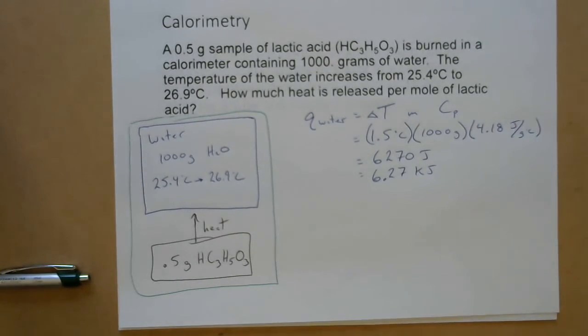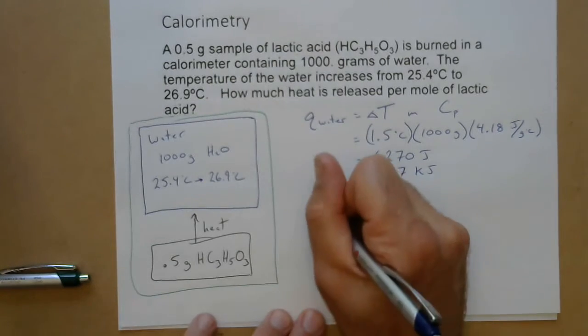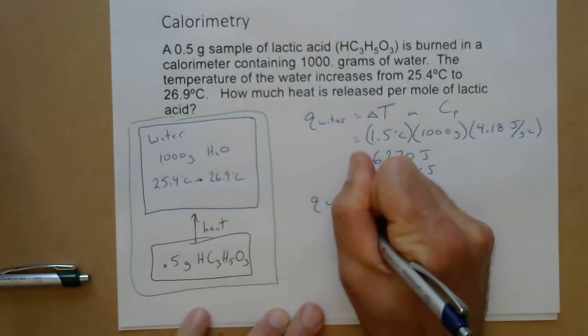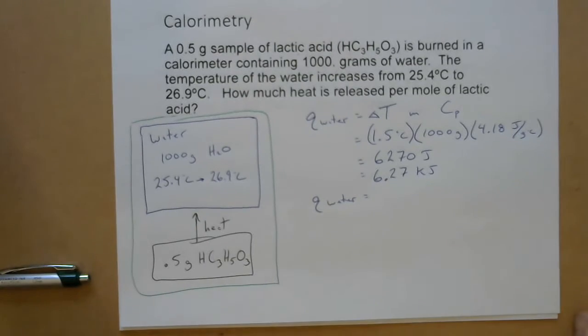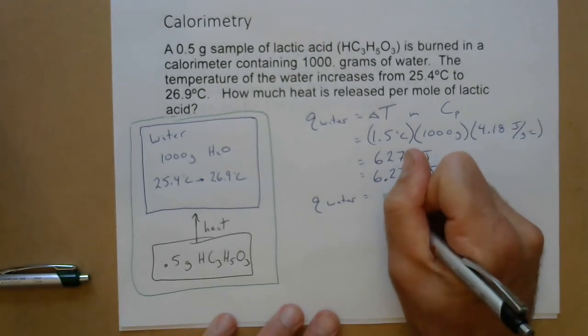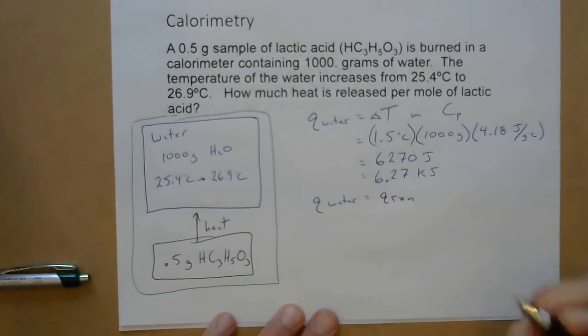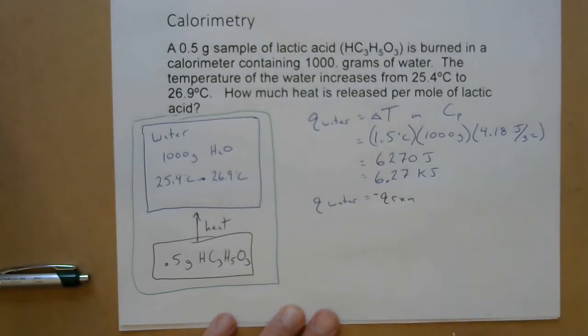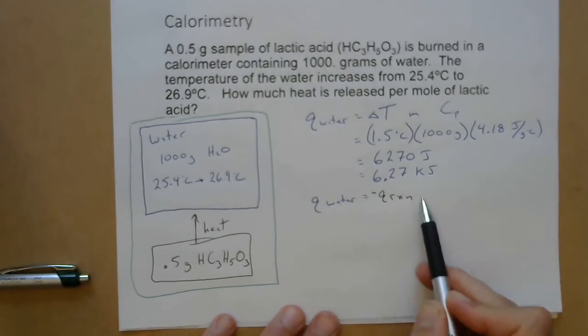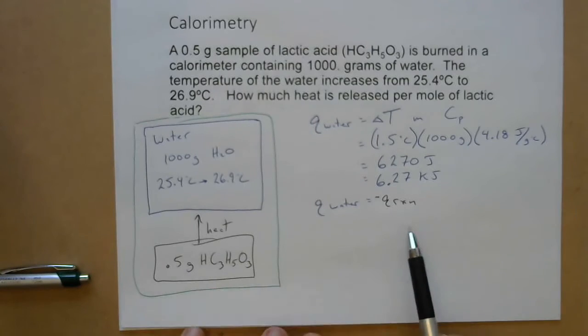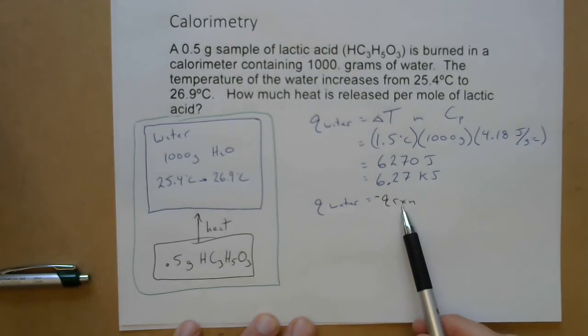Okay, now the whole concept in calorimetry is that Q of the water, however much heat the water released or absorbed, is equal to Q of the reaction, but with the opposite sign. Okay, since energy is not created or destroyed, any energy that the water released is absorbed by the reaction, or any energy that the reaction released is absorbed by the water.